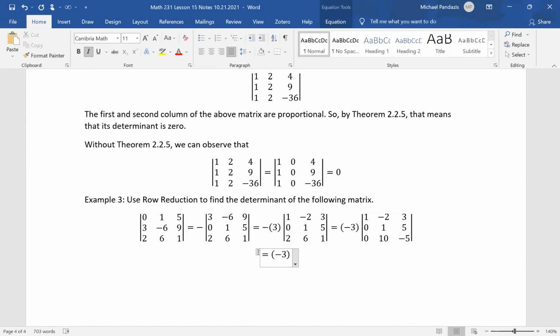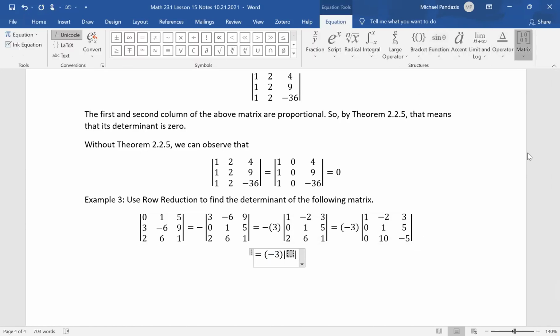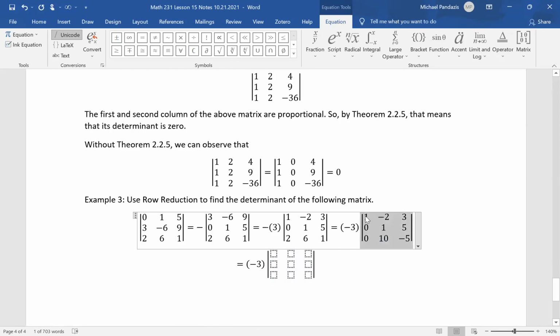So now I can continue row reducing this. What I want to do now is get this matrix to a triangular matrix. You notice that the only thing stopping this matrix from being triangular is that there's a 10 here. If I can make this a 0 in such a way that everything below the main diagonal is 0, the determinant will be the determinant of a triangular matrix, which is the product of the main diagonal terms.